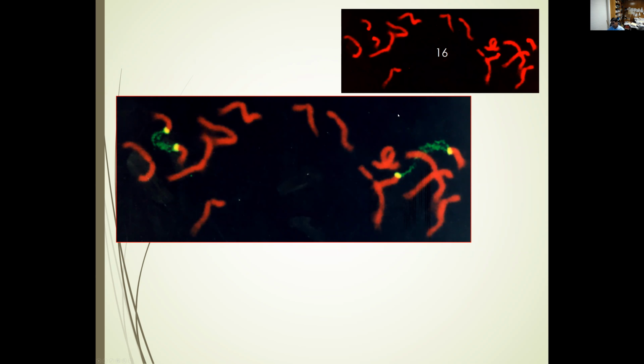Lentil has 16 chromosomes. If we do not have this string of NOR 35S signal, we will end up counting 16. In fact, one publication claimed that one species of lentil contains 16 chromosomes. That was because they didn't see it. Well, I don't blame them.